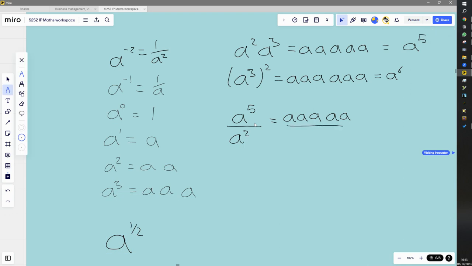And this one is divided by a squared. Now, we know from how division works that we can just cancel these out. And so you can see that really you're just subtracting the 2 from the top. So it's just going to be the same as a to the power of 5 minus 2, which is a cubed.